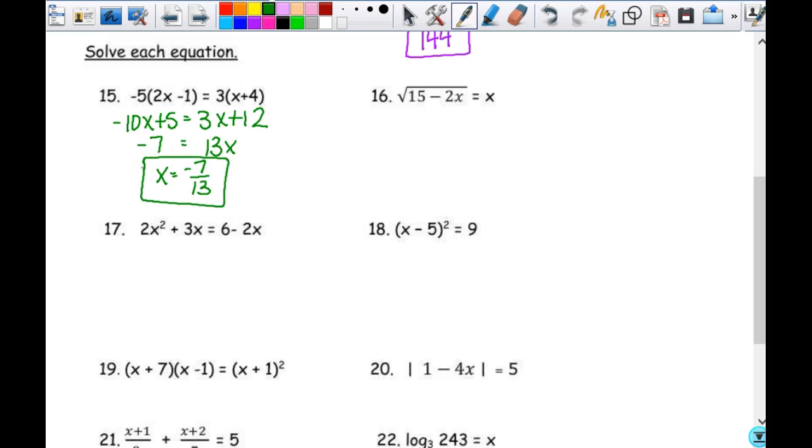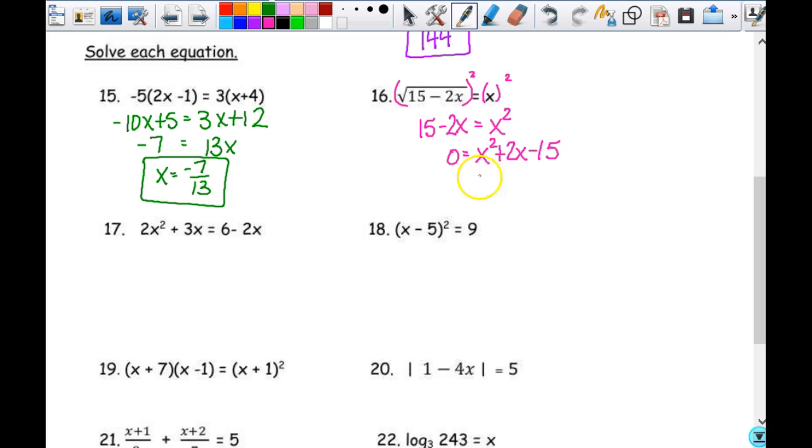All right, so here on 16, when I am trying to solve this, I am going to square both sides, get rid of my square root. So this is going to give me 15 minus 2x equals x squared. That means I've got a quadratic here, so I set it equal to 0. So 0 is equal to x squared plus 2x minus 15.